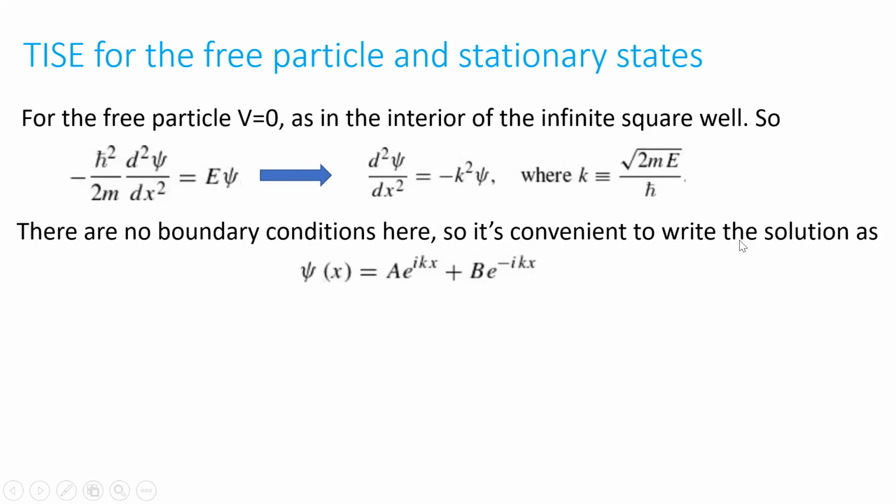It turns out to be more convenient to write them as e to the ikx and e to the minus ikx, so complex exponentials. And these are related to the cosine and the sine through Euler's identity, that e to the i theta is cosine theta plus i sine theta. So these are really harmonic solutions, just a different way of expressing them.